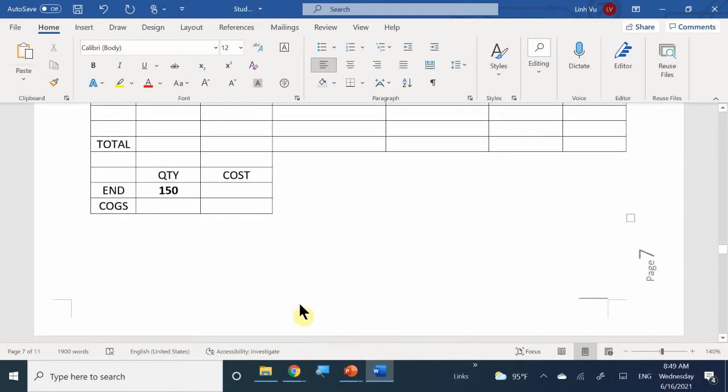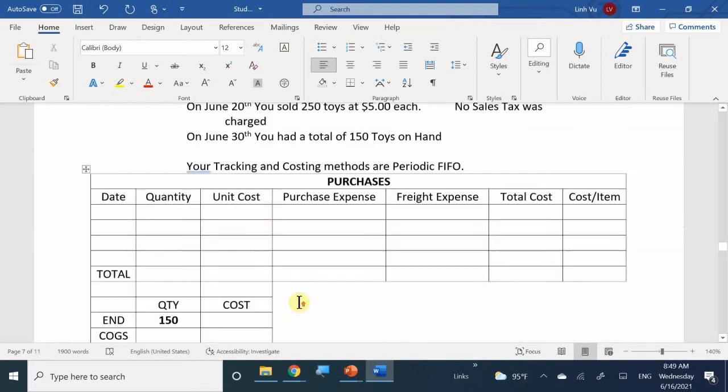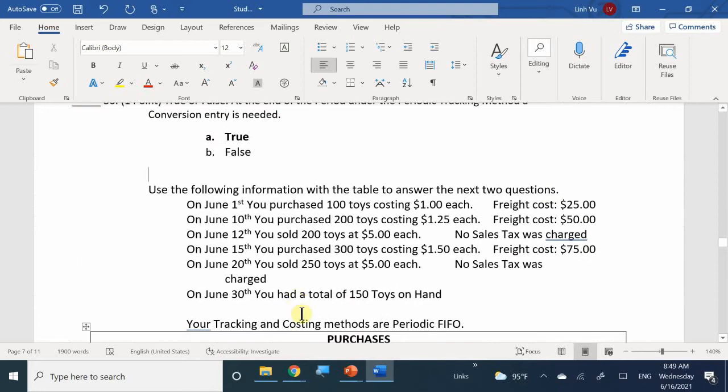Let me make sure the whole thing's there. Okay, so use the following information with the table to answer the next two questions, okay? So this is the exact format that I'm going to be testing you on. I'm going to give you a little series right here that has a bunch of dates on them and a bunch of transactions, and the table is going to be provided.